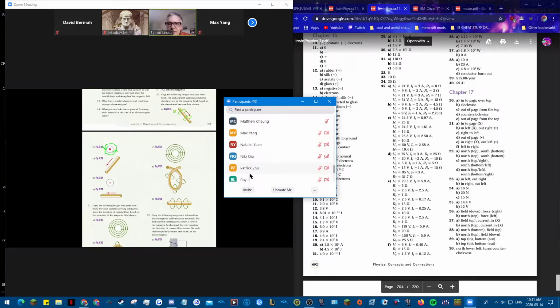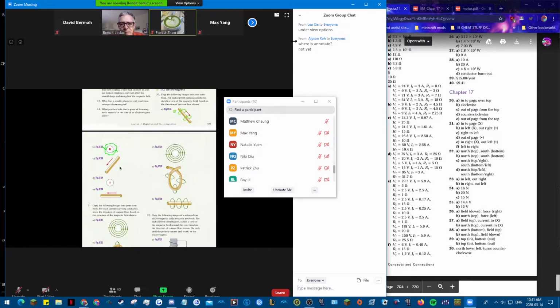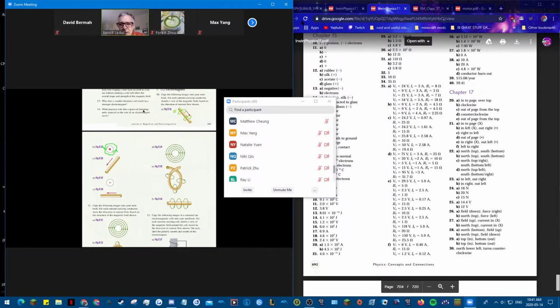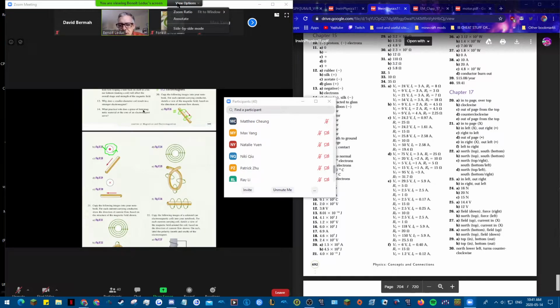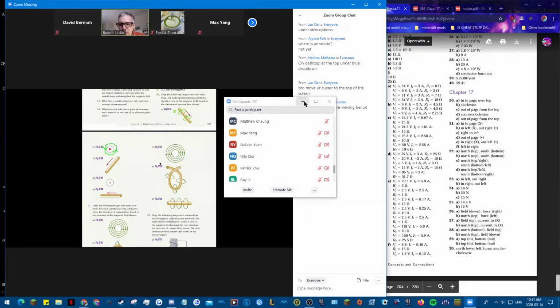Okay, did you find it, Allison? Annotate? Not yet. Okay, well, mouse over to the top of the screen. Yeah, top of the screen. On desktop it's at the top under the blue drop down. So move your cursor to the top of the screen.